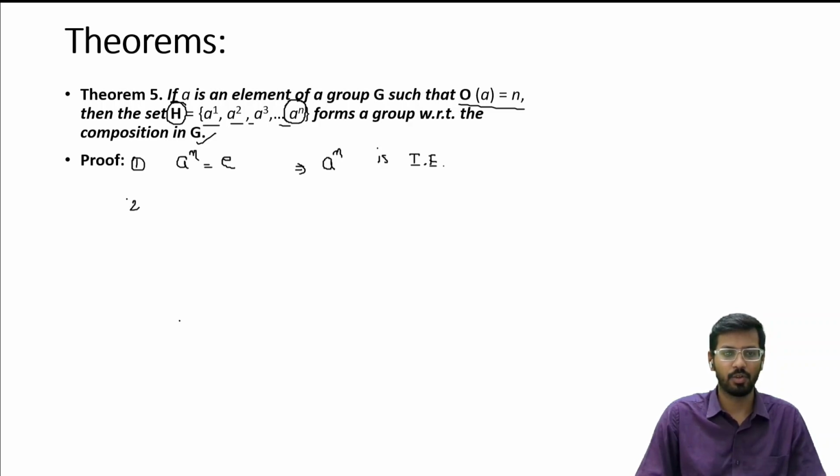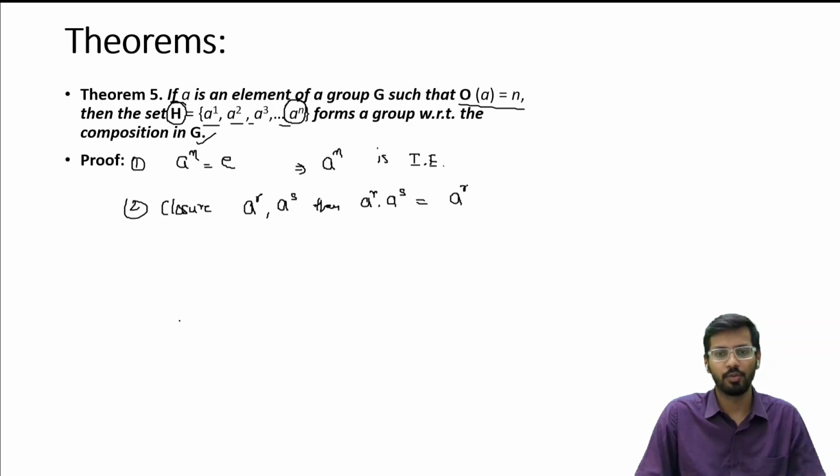Now we will check the closure property. For closure, if we take two elements, a raised to power r and a raised to power s, then when we operate, a raised to power r dot a raised to power s is equal to a raised to power r plus s.